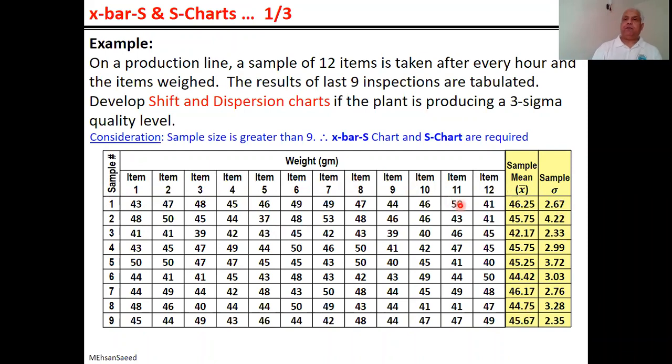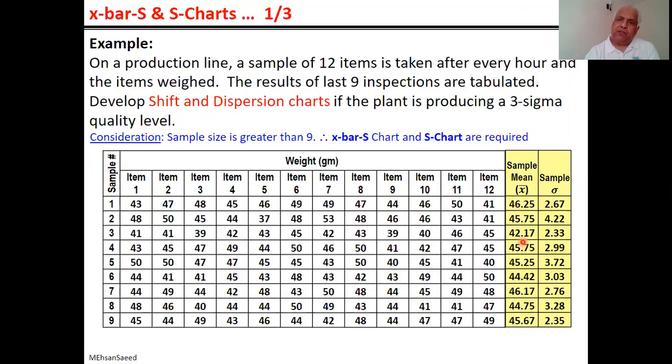In the previous case, we took the sample range. Here, standard deviation. The standard deviation is best found on a spreadsheet or using a scientific calculator with a statistics feature. It can be worked out manually, but in this example, where there are 12 items, it can easily take about half an hour to work one standard deviation. On a spreadsheet, it is very easy, very quick.